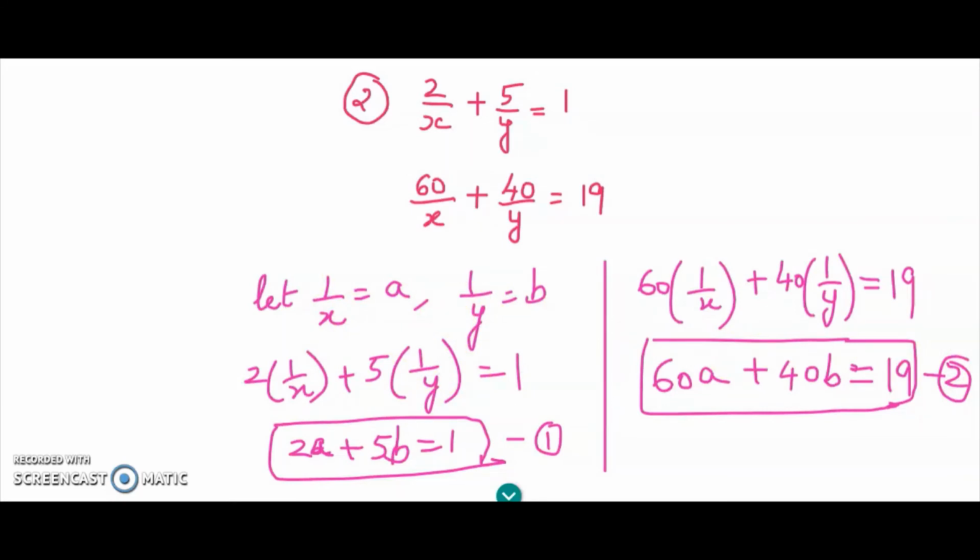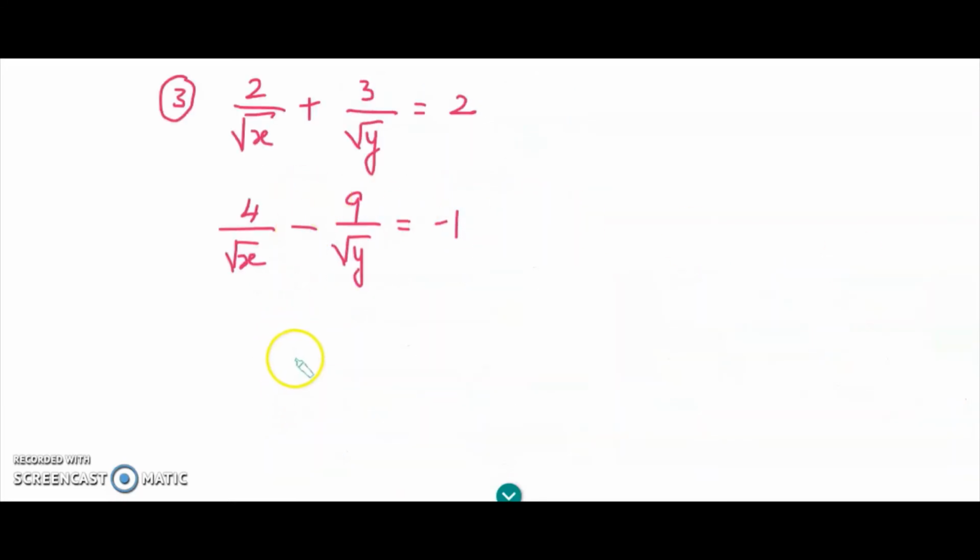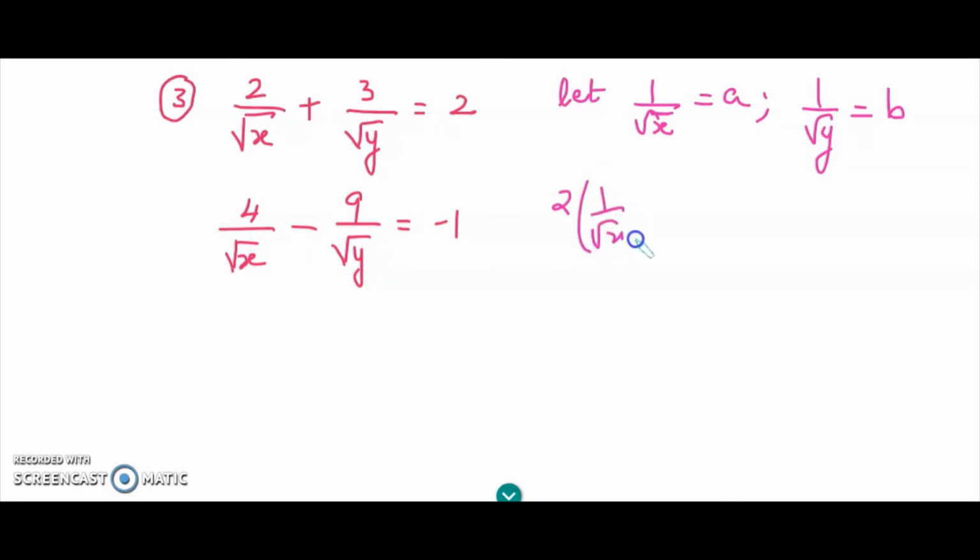Next question. Now this is a little bit twisted because I have a root x and a root y, that too in the denominator. But we'll go with the same method. Let 1 upon root x equal a and 1 upon root y equal b. So what is my first equation going to be? 2 times 1 upon root x plus 3 times 1 upon root y equals 2.